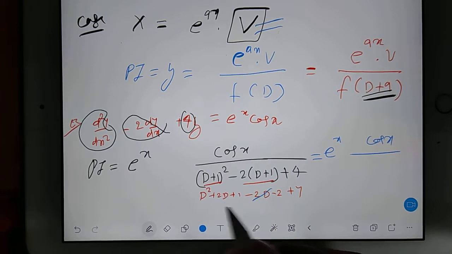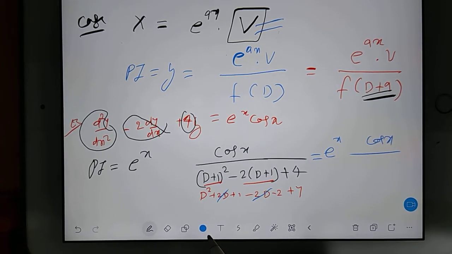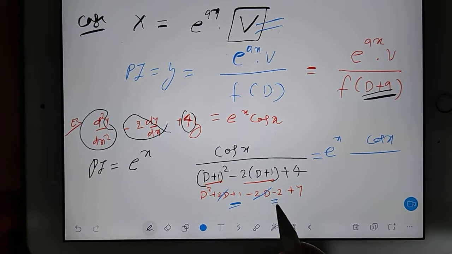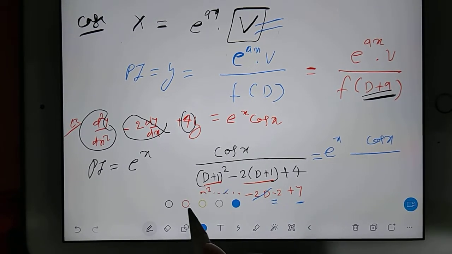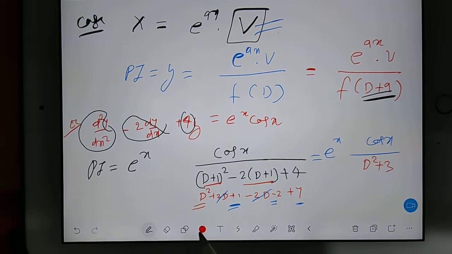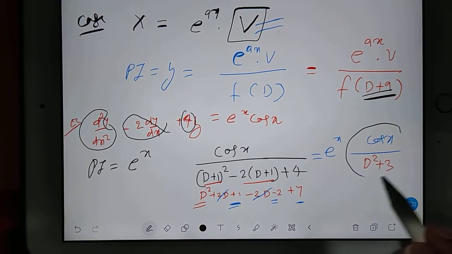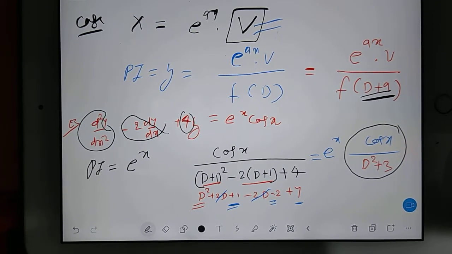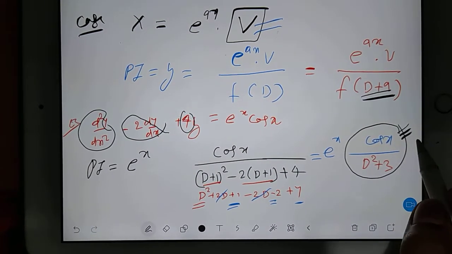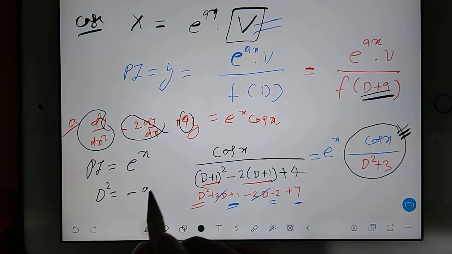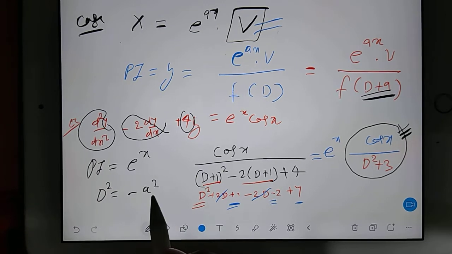So you can clearly see this 2D will get cancelled, and this plus 1 and minus 2 and this 4 will be 3. So D square plus 3 will be remaining. And you already know how to deal with this guy. You remember when you have sine, cos, tan, D square you have to replace with minus a square, right? That's all.